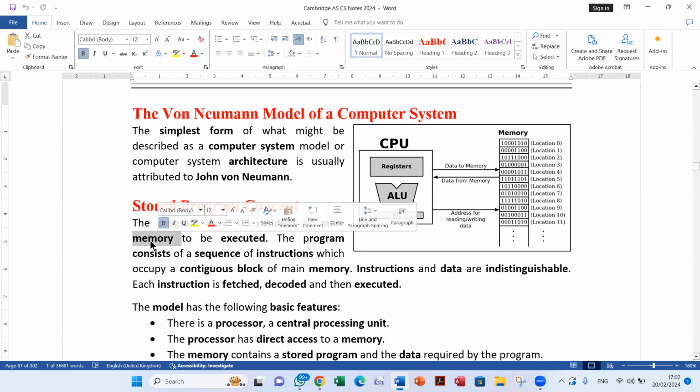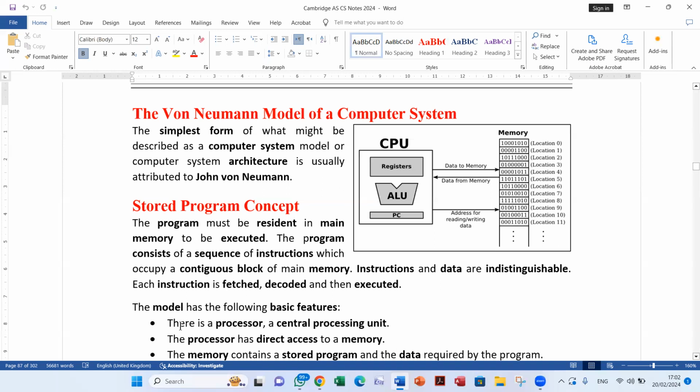Any program running must be in main memory. The program consists of a sequence of instructions which occupy a contiguous block: instruction number 0, followed by instruction number 1, followed by instruction number 2.